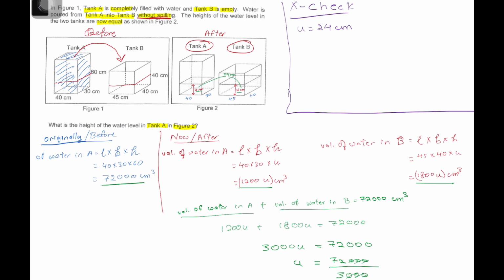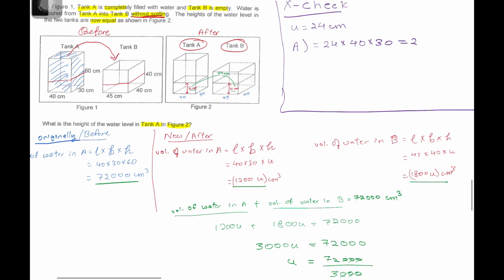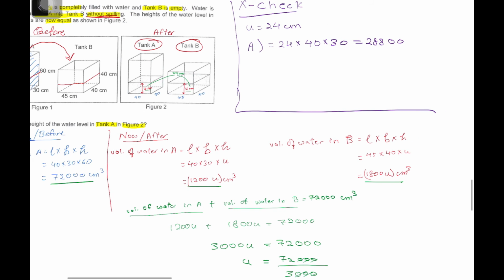The volume of water in A is equal to 24 times 40 times 30. And what does this give us? 24 times 40 gives us 28,800 cubic centimeters. And the volume of water in B is 24 times 45 times 30, and this is 43,200 cubic centimeters.